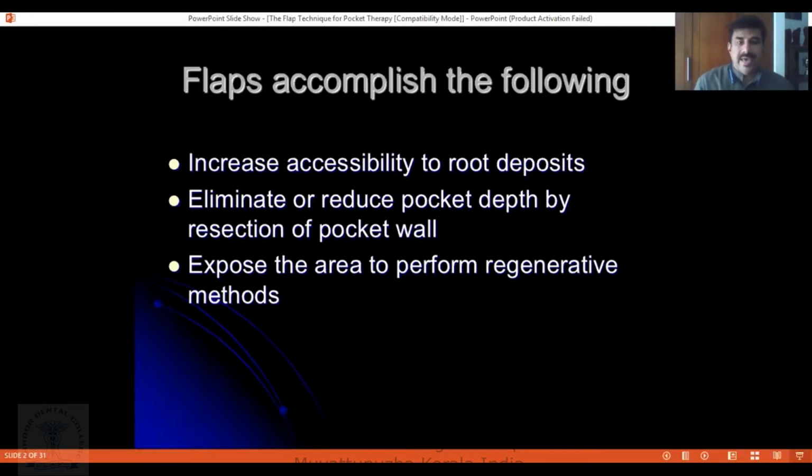This helps in incorporating regenerative techniques, such as placing a guided tissue membrane, different types of bone grafts, and use of biological modifiers. All these can be accomplished when you reflect and open up a flap.